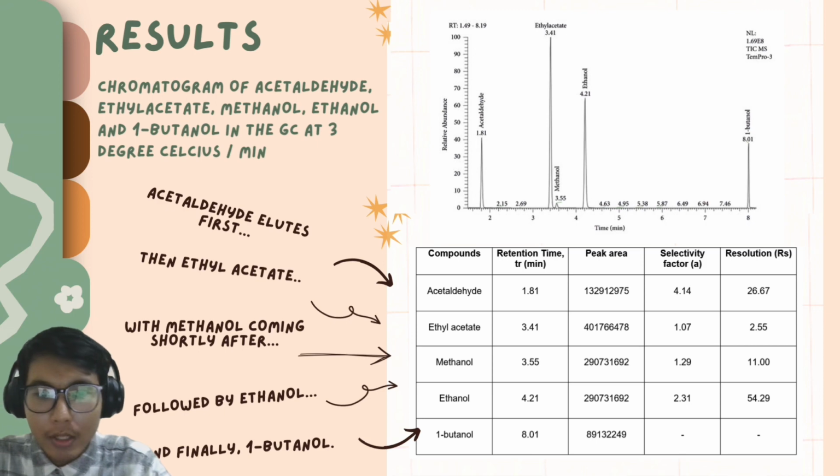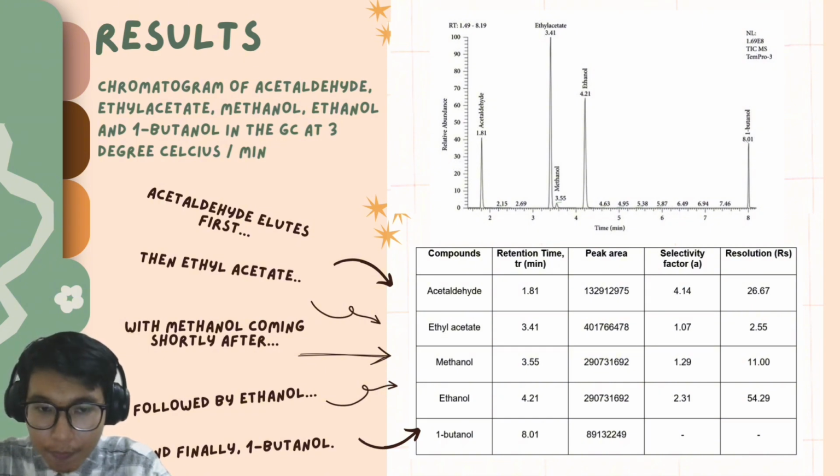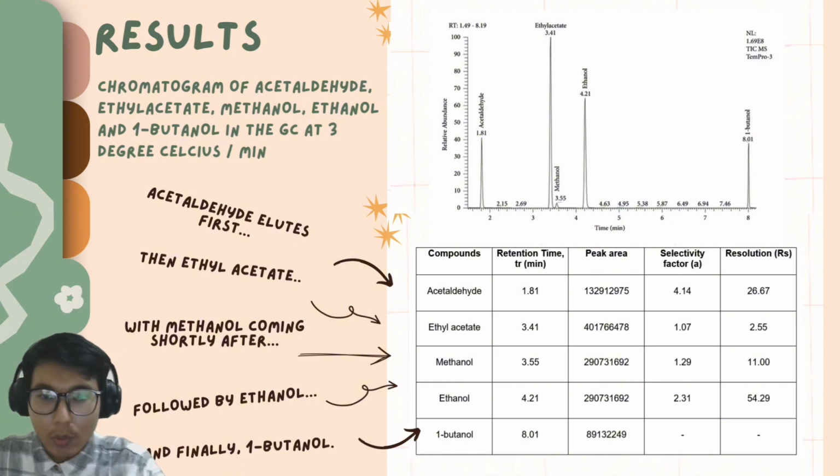The retention time of acetaldehyde is 1.81, which is the highest mobility of the elements. Next is ethyl acetate with 3.41, methanol with 3.55, ethanol 4.21, and the retention time of 1-butanol is 8.01. And next, we continue with the selectivity factor.